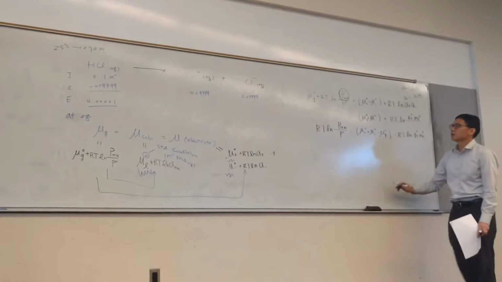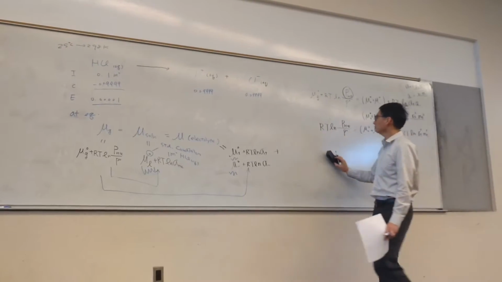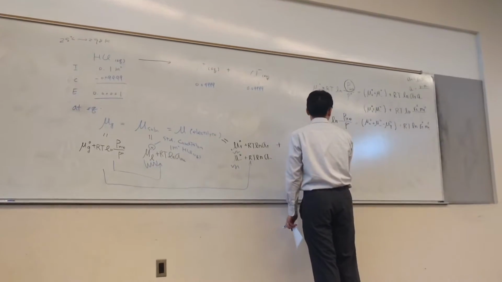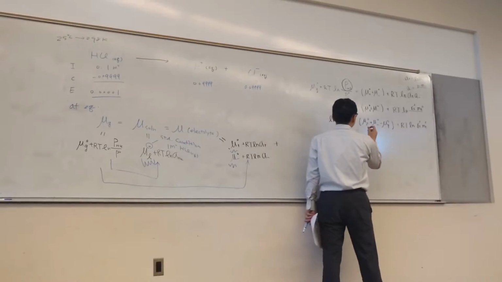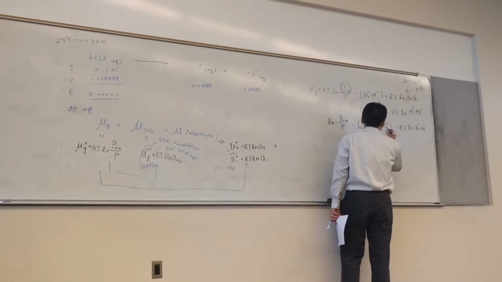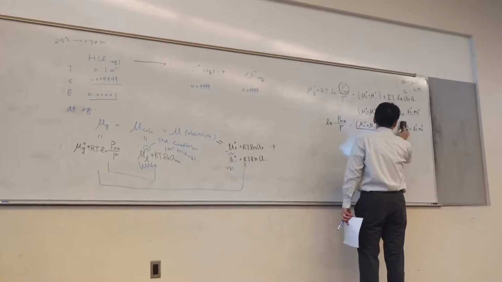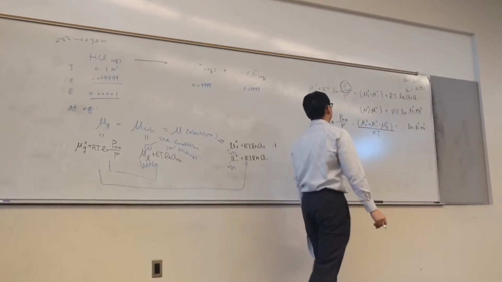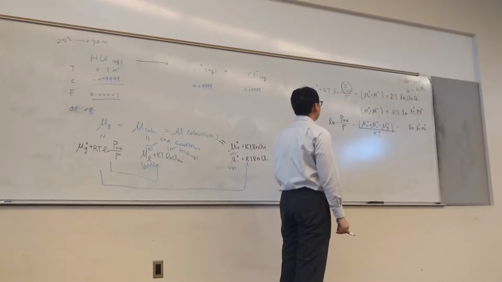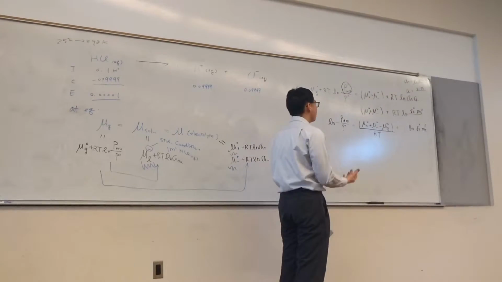Then we divide the RT on both sides. Then we end up with natural log P over P naught is equal to this whole term divided by RT, okay? And then RT cancels out, and then we take the exponential on both sides.